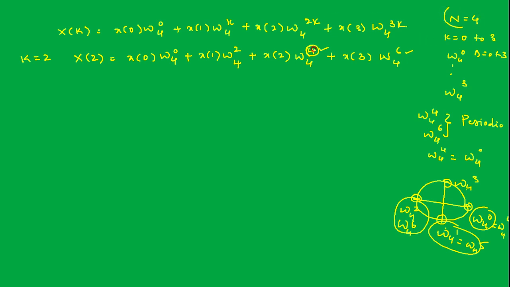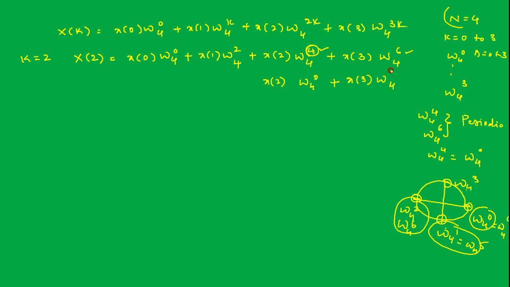So 4 minus 4 is how much? 0. So you can replace it by W4 to the 0, and this is x of 2, plus x of 3, and here it is W4 to the 6. Either you can use this method, or whenever it is greater than 3, you subtract by 4.